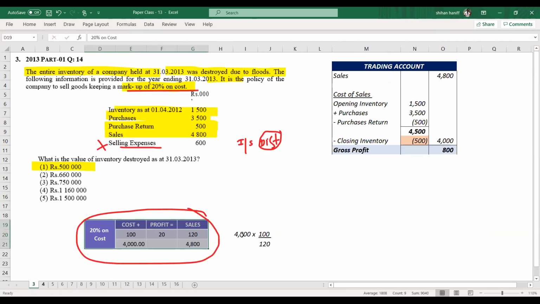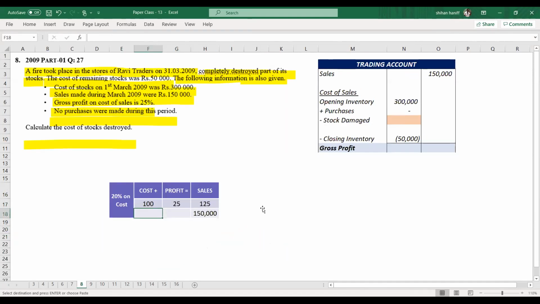Now let's calculate. I'll use this formula. 150,000 is equal to 125, and we need how much is per 100.